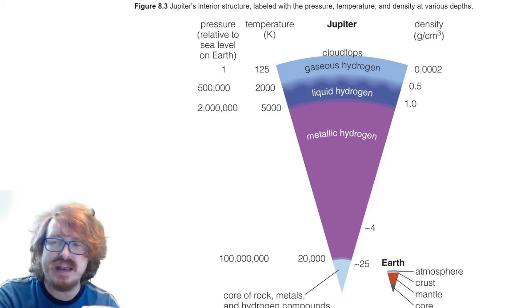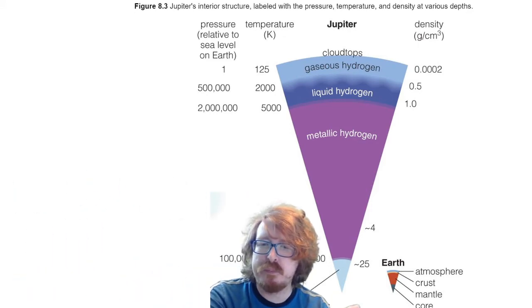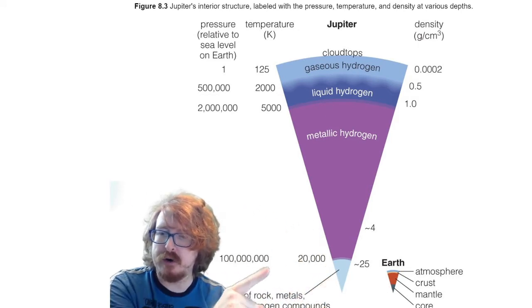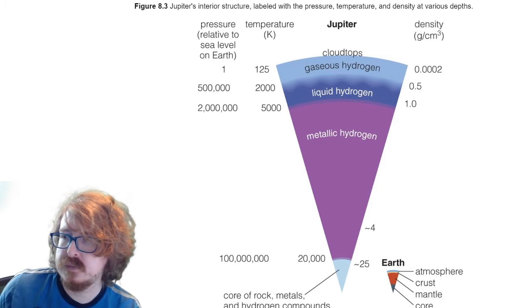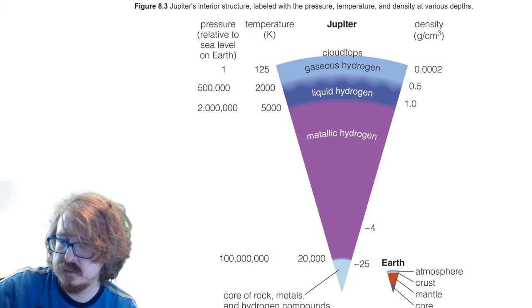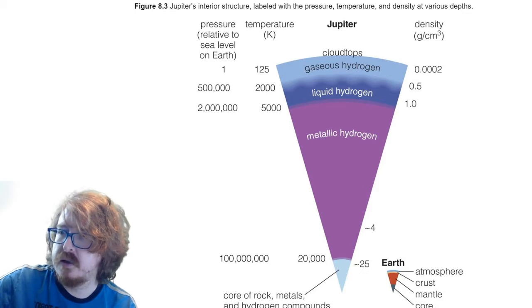And I wanted to point out something here. Which one of these is bigger, the Earth or the rocky core of Jupiter here? What's bigger? Is Earth bigger or is the core of Jupiter bigger? Yes, that's correct.